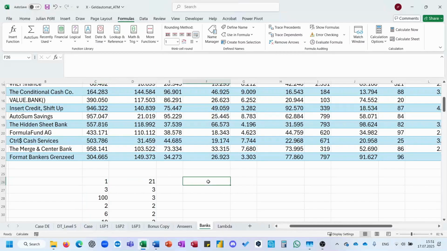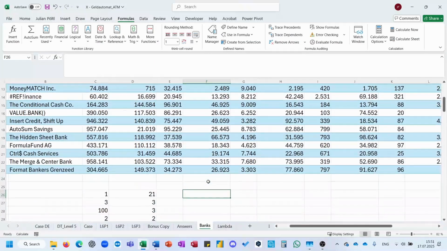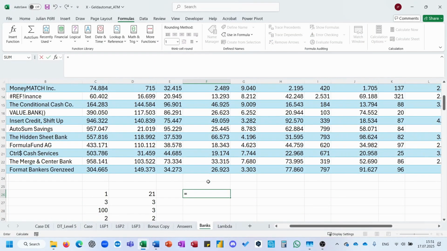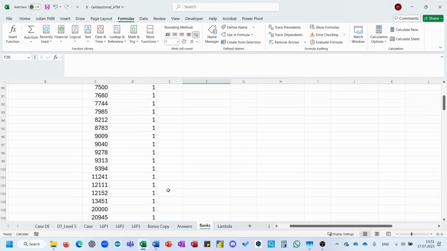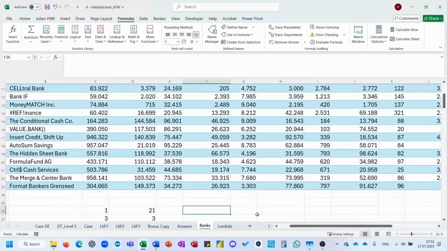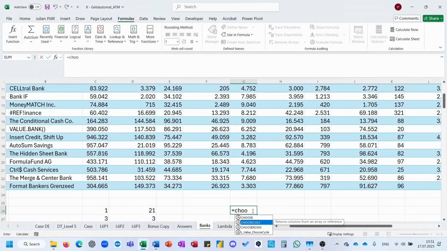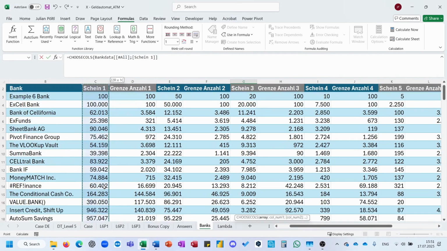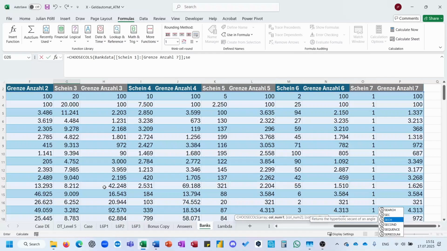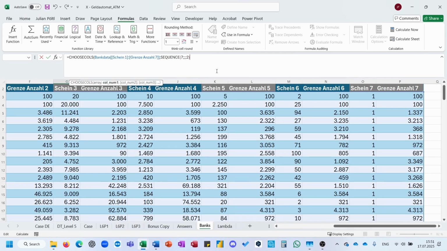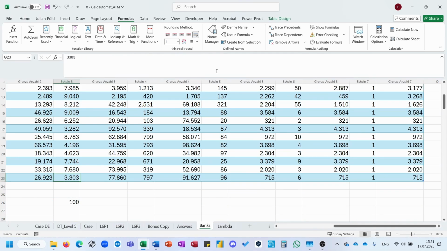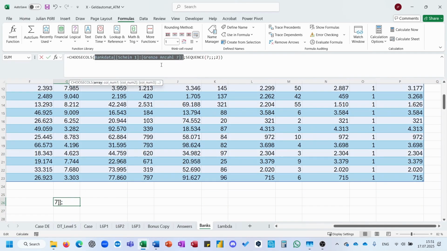So here are the banks. Okay, this is something else. Choose calls, sequence 7, step 2. I hate this bracket stuff. You make some more complex formulas. Okay, here we go.